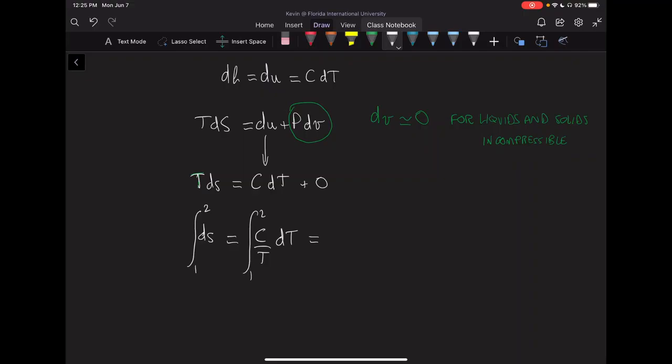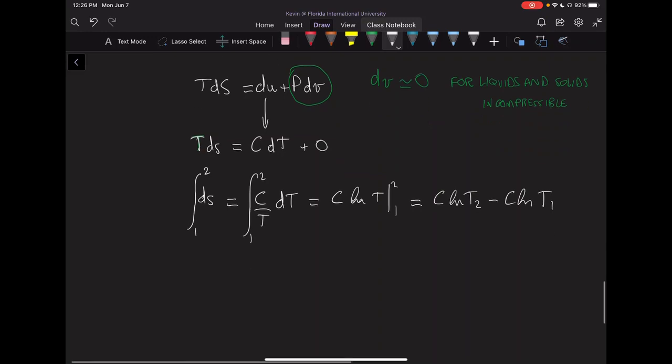C is outside of the integral, and then 1 over t integrated is ln of t from 1 to 2. So we have that this is equal to C ln of t2 minus C ln of t1. And from a logarithmic rule, we remember that the natural logs can just divide t2 by t1.